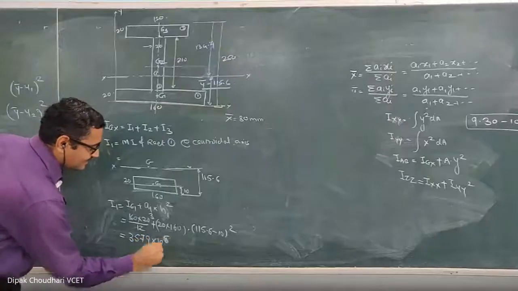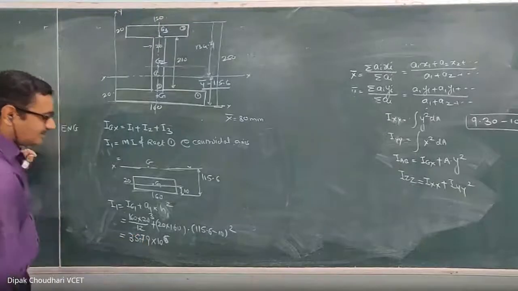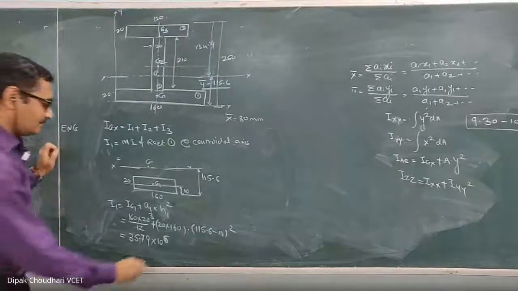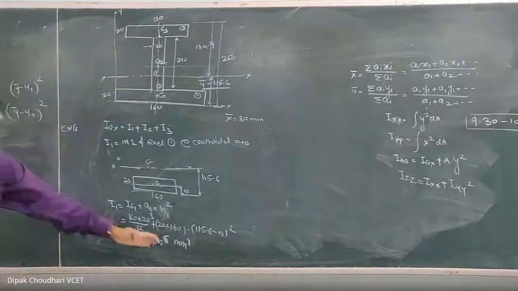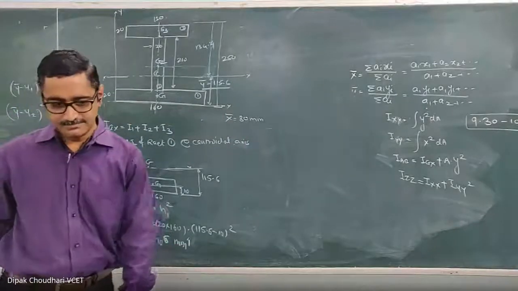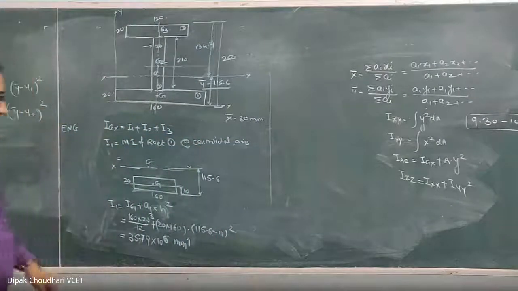So 35.79 into 10 raised to 6. Correct. It's okay, no problem. Your answer was not wrong, but better you write in this form. Millimeter raised to power 4. All dimensions are in millimeter, so it is millimeter raised to power 4.